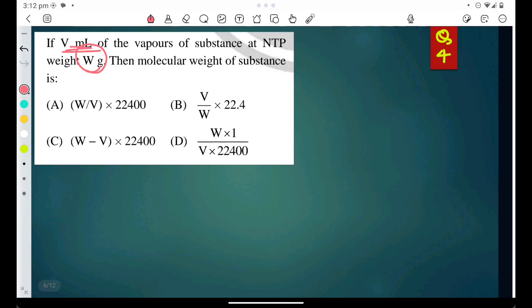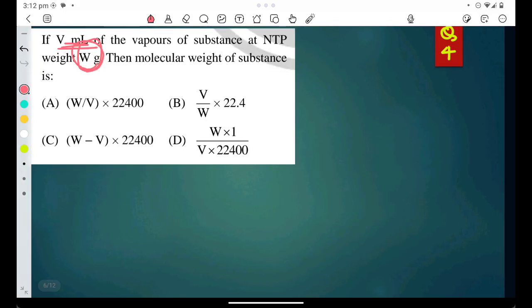So V mL is occupied by W gram. Then the molecular weight of the substance, let the molecular weight be M. Now I'm supposed to calculate moles in two cases. Moles is going to be what?